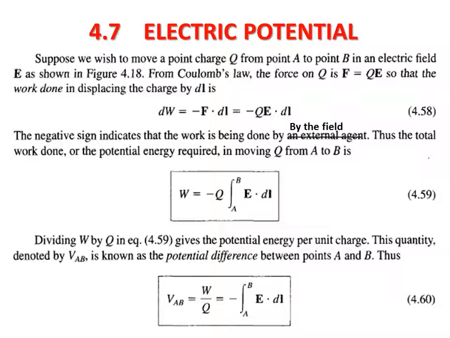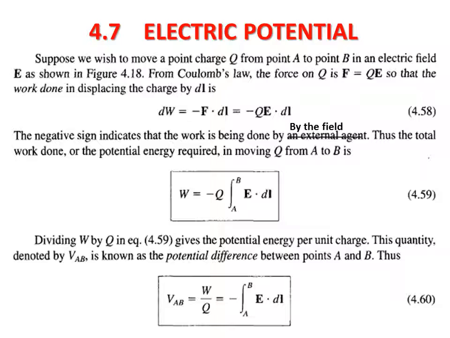The negative sign indicates that the work is done by the field. Thus, the total work done, or the potential energy required in moving Q from A to B, is W = -Q ∫E·dl.